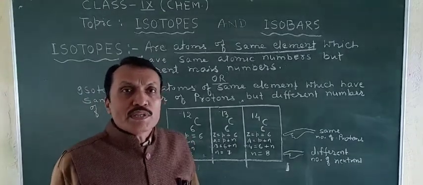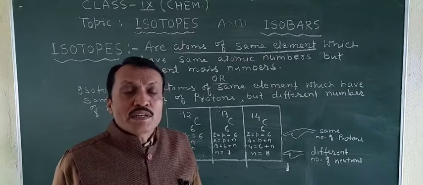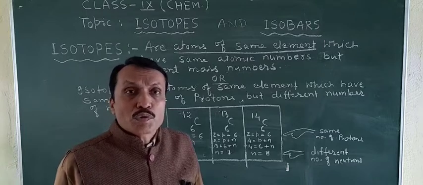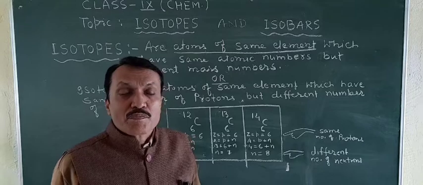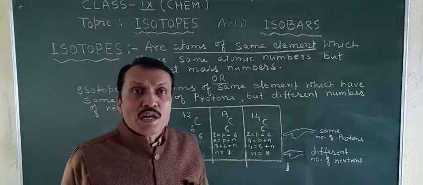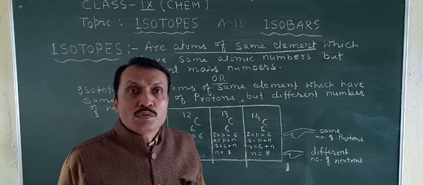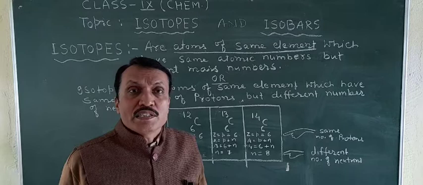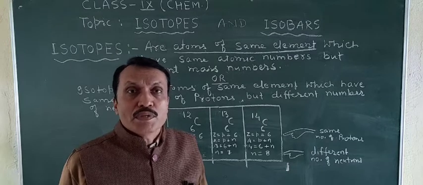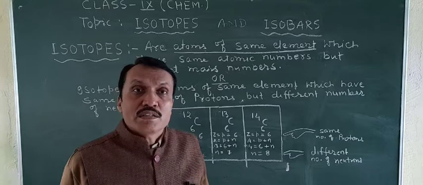Why are mass numbers different? Because you know mass number is the sum of protons and neutrons. As in case of isotopes, protons are the same, so certainly due to the difference in neutrons, the mass numbers of isotopic elements are different.